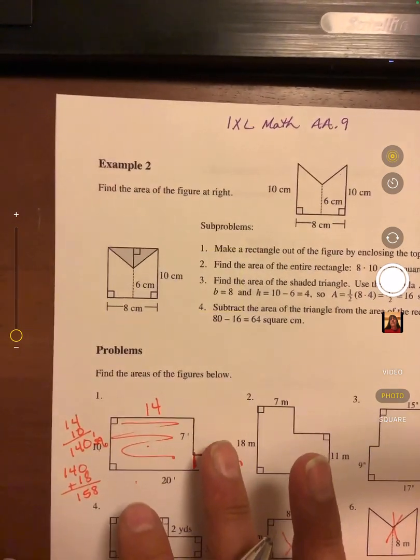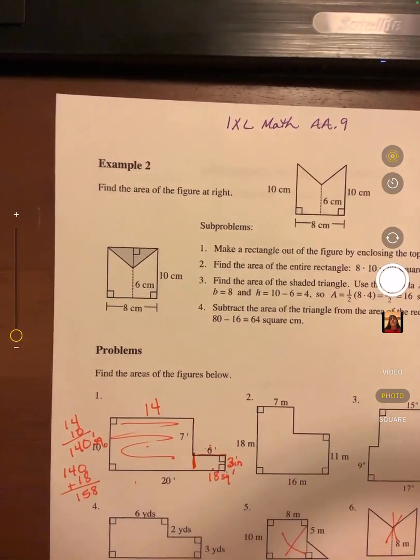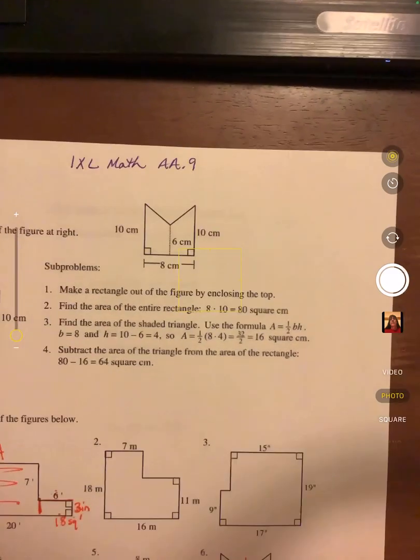We are on AA. AA9. Yeah, I think we'll be okay. Yeah. They give you more numbers, okay?